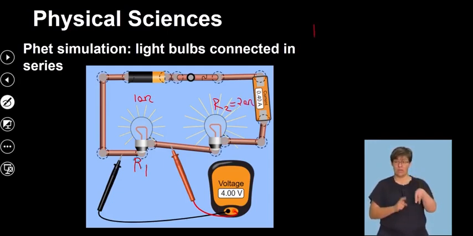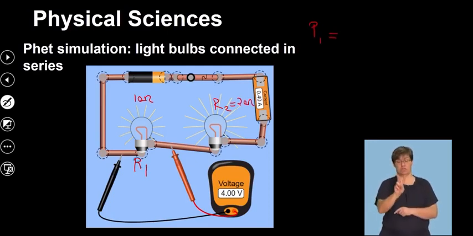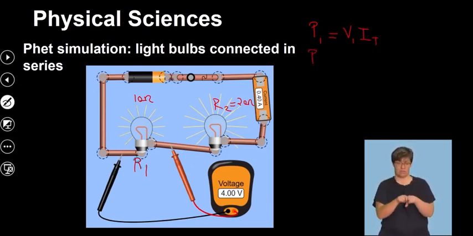So P1, which is the power for R1, is equal to the voltage V1, which is 4 volts as it has been measured there, multiplied by the total current, because all the current passes through the 10 ohm resistor. So P1 equals 4 volts multiplied by 0.4 amperes.